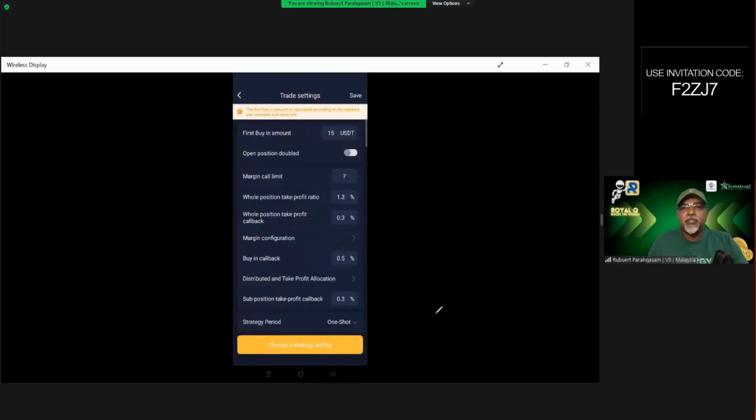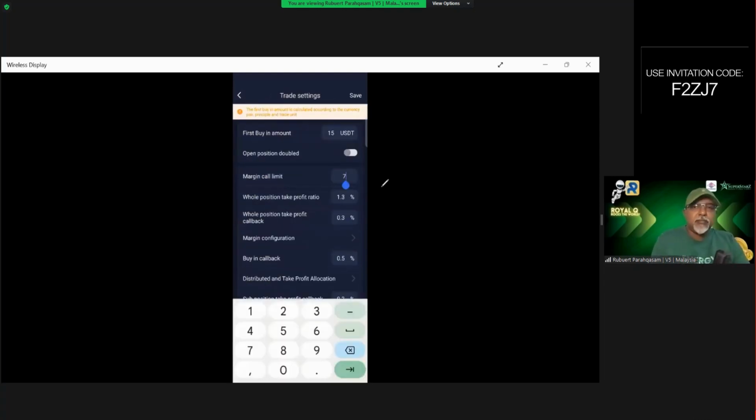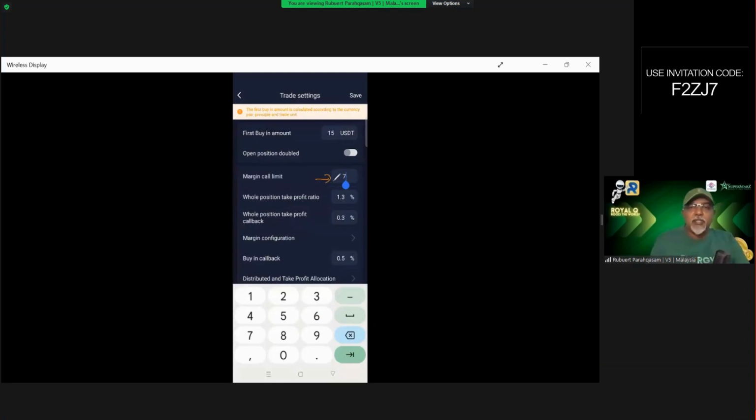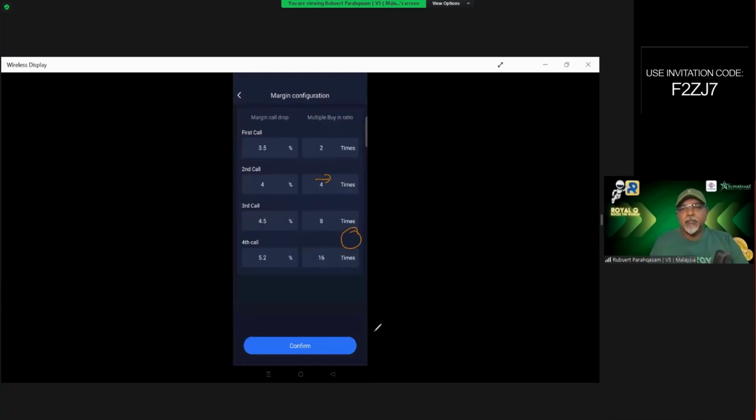If I were to change this, let's say to 4, and I go to margin configuration, you will notice that I only have 4 calls: 1, 2, 3, 4. You guys can see that?